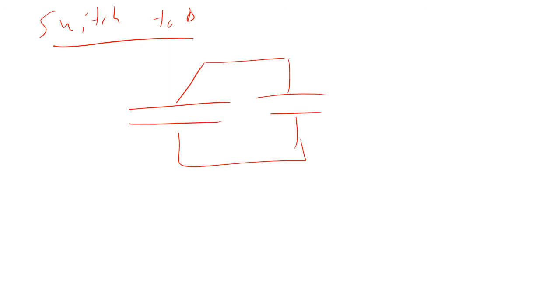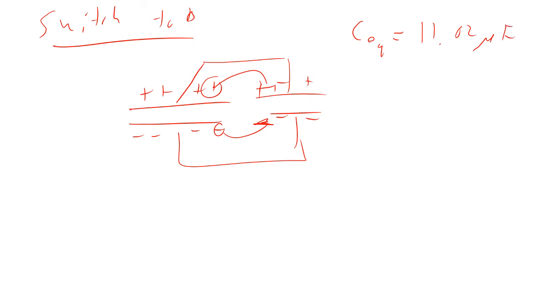So now we switch back to B. Now, what's going to happen now? Well, we had all this charge here. We had some charge here, so some of this charge is now going to move over here. Okay, and so now it's going to rearrange itself again. So how does this rearrange itself? Well, gosh, it's still the same equivalent capacitor of 11.2 microfarads.